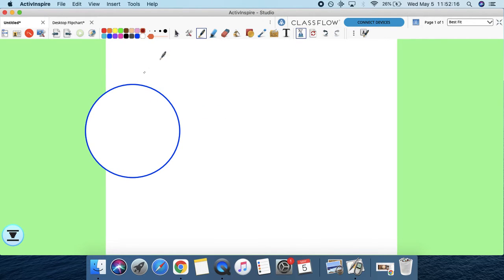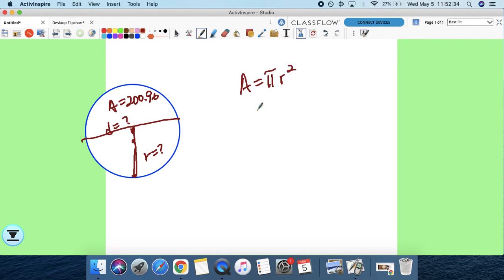Again, another circle. The area is 200.96. We want the radius, and we also want the diameter. So A equals pi r squared. The area is 200.96 equals pi r squared. Divide by pi, please. This pi and this pi goes away. R squared.